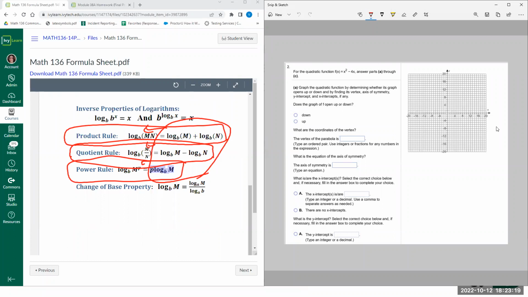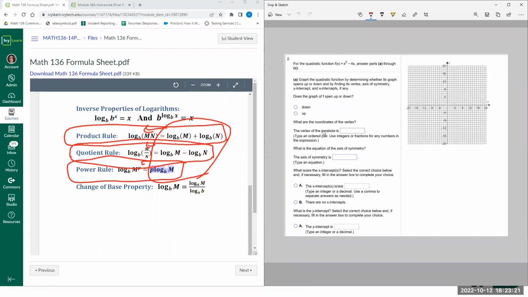We're also going to look at the domain and range, and where it is increasing and decreasing.